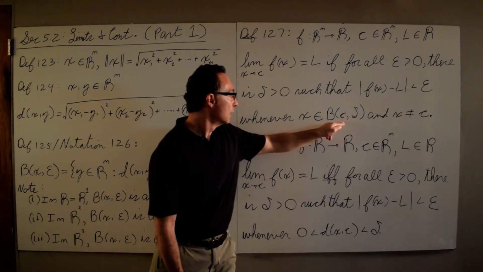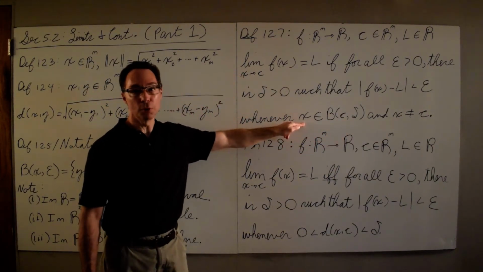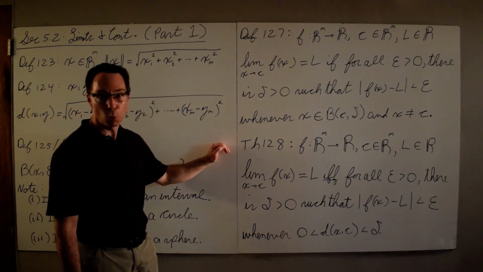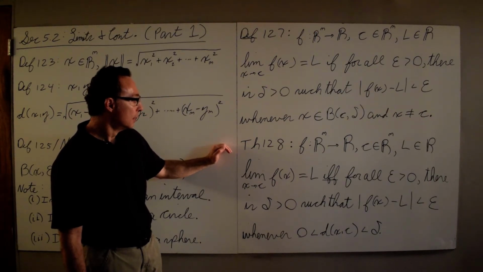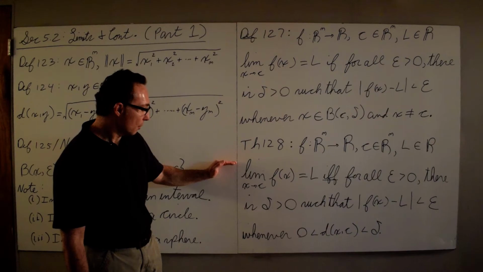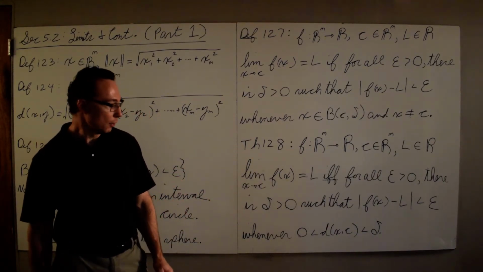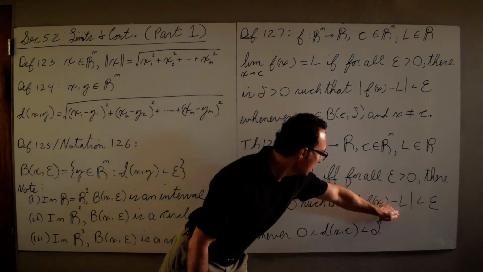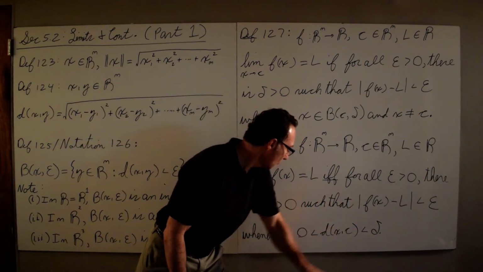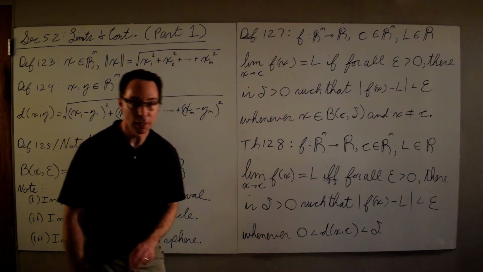And this is what we mean by x being close to c in this context. An equivalent way of saying that is, for all epsilon greater than 0, there's a delta greater than 0, such that this distance is again small whenever this distance is small but greater than 0.